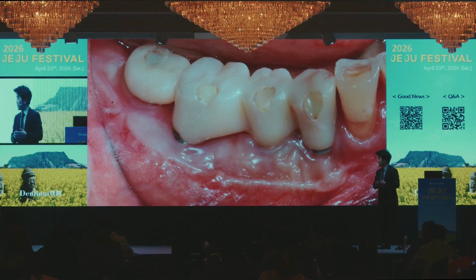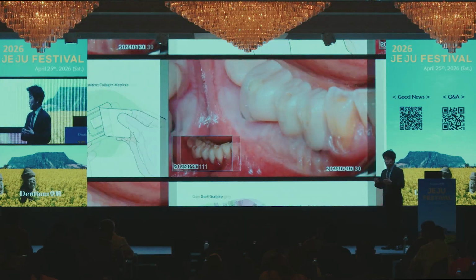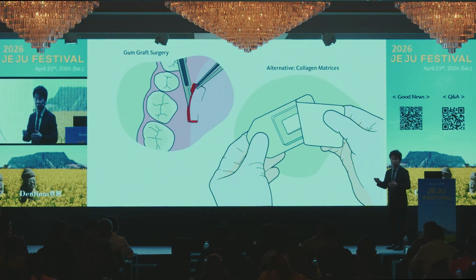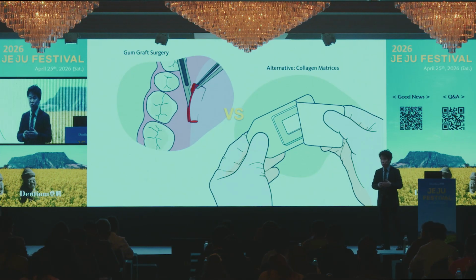Anyway, most patients cannot receive the autogingival graft because of systemic disease or they refuse the surgery. So at that time, we need a substitute.